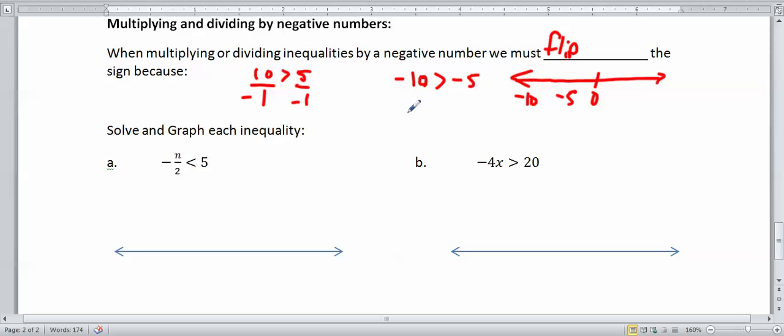So to keep my statement true, I have to flip the sign whenever I divide or multiply by a negative number, because by that same merit, I could take the same problem and multiply by -1, and the same thing would happen. I get -10 greater than -5, which is no longer true. So I have to flip the sign because I'm flipping my number line.